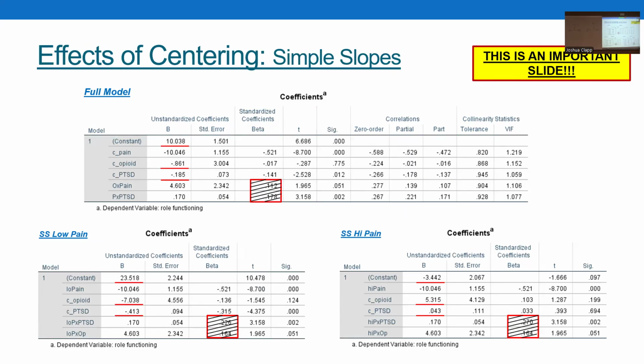When we went through and hand calculated this out, what was your coefficient for your conditional effect for PTSD at high levels of pain? It's just 0.04. Right, what was your conditional effect for PTSD at low levels of pain? Negative 0.4.